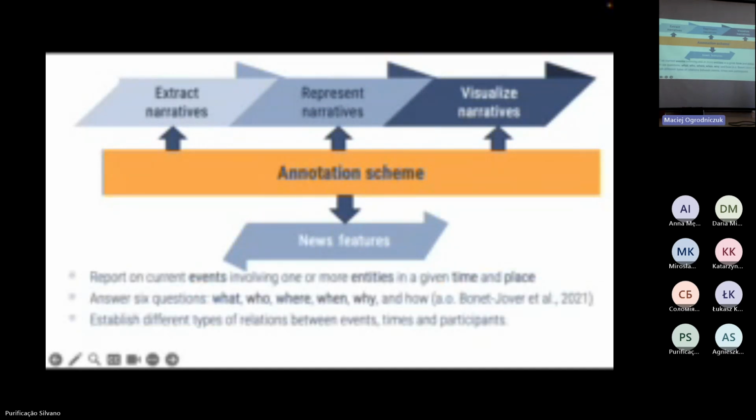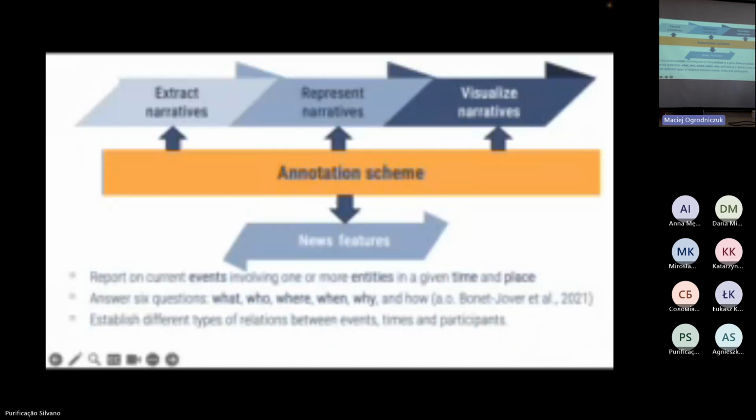As you know, news typically reports on current events, and they involve one or more entities that occur in a given time and place. We wanted to work with news that told stories, right? So we selected news that had a narrative nature, because that was the main objective of the project.